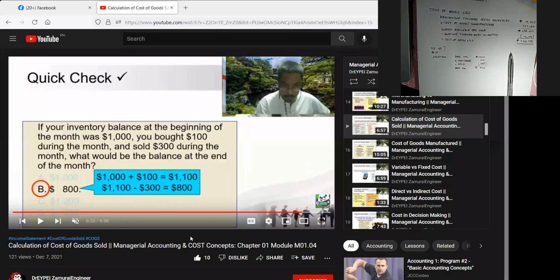So, 1,200, how did you come up with that? 300 minus 100 is 200, 200 plus 1,000 is 1,200. That is the wrong answer. This is the correct way of doing it.